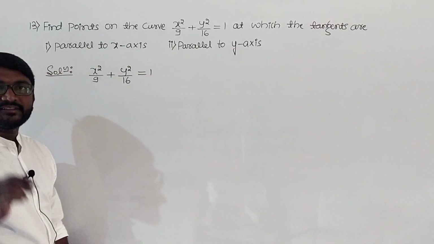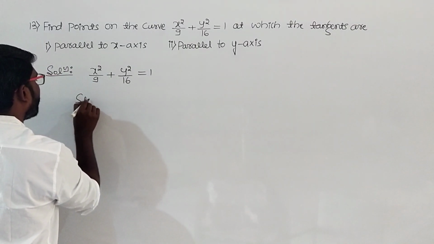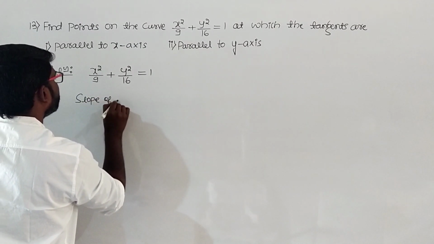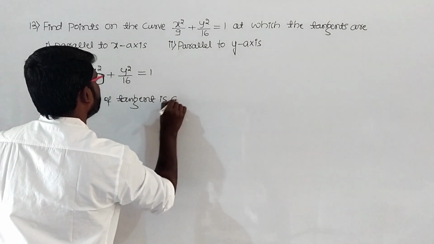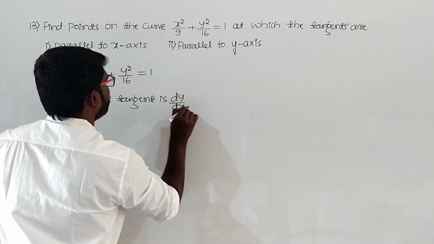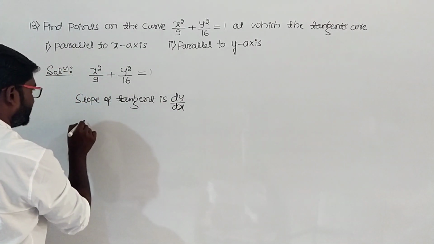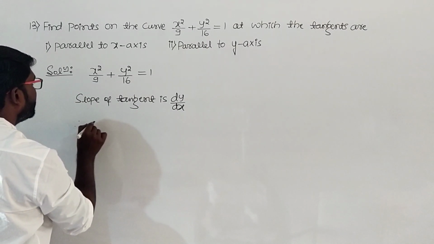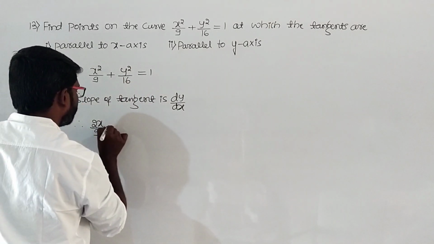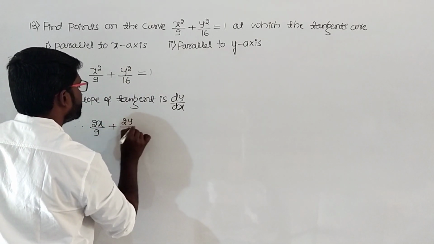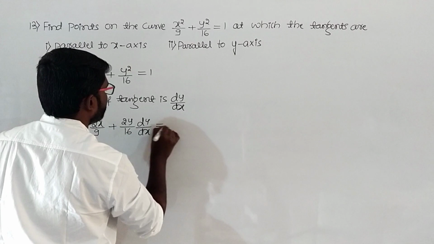So now the slope of the tangent is nothing but the derivative of this function. Slope of tangent is dy by dx. Therefore, differentiating both sides with respect to x, we get 2x by 9 plus 2y by 16 into dy by dx, which is equal to 0.